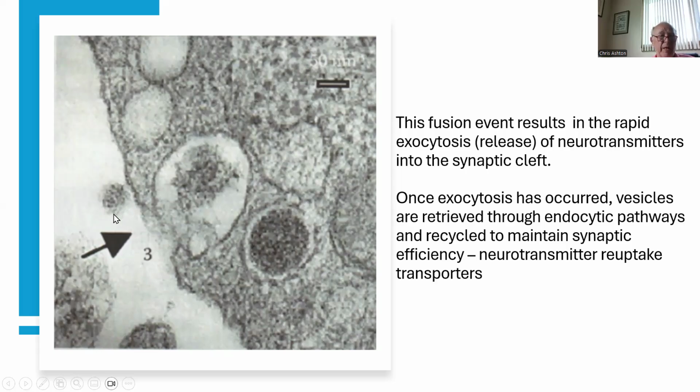These are free-floating active neurotransmitters. They can be free-floating active dopamine molecules that can then activate receptors on the other side. And so the fancy word for this is called exocytosis, meaning exo, out of, cytosis, cell. So out of the cell, release into the synaptic cleft.